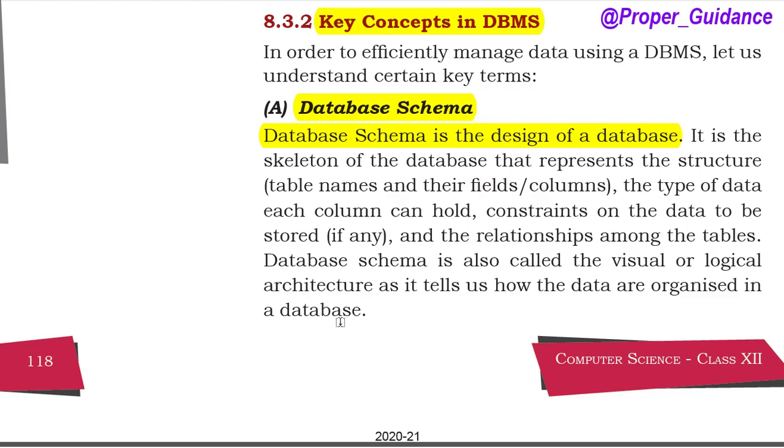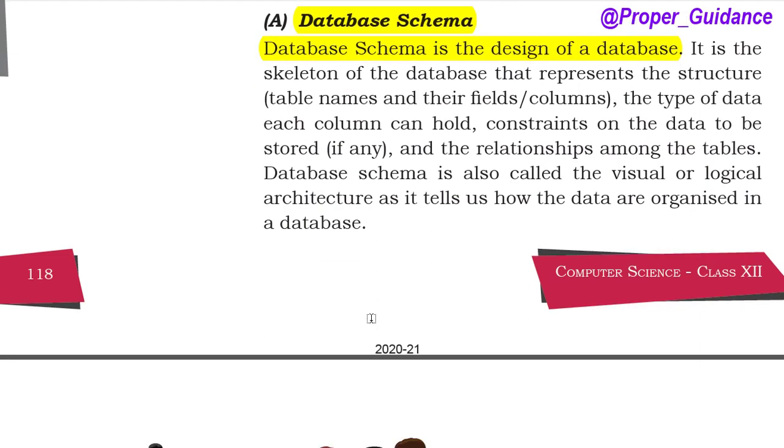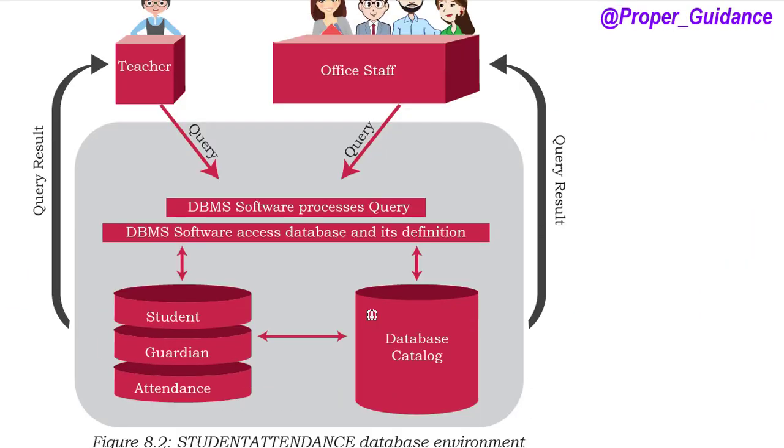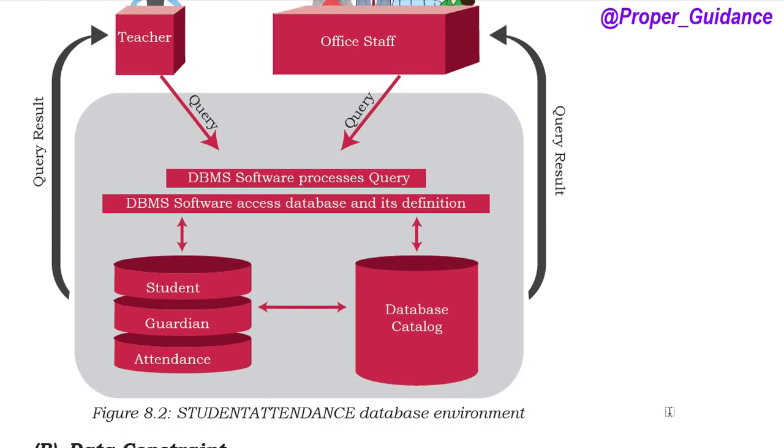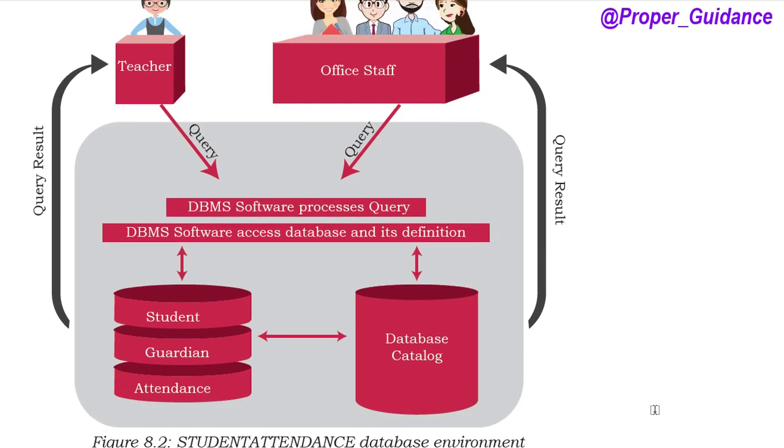The structure means the table names and the fields or columns, the type of data each column can hold, constraints on the data to be stored, if any, and the relationship among the tables. Database schema is also called the visual or logical architecture, as it tells us how the data are organized in a database. Clear?